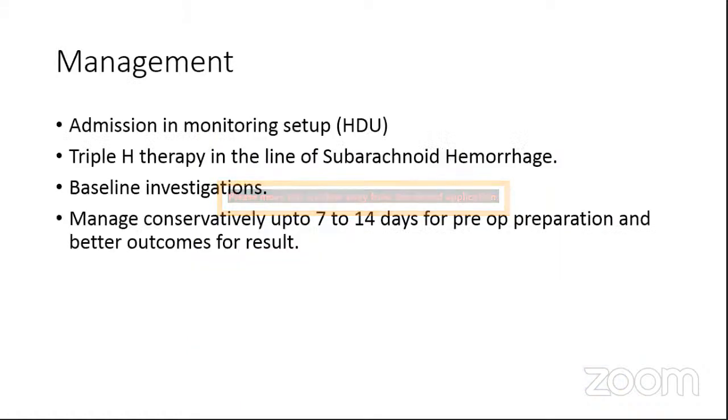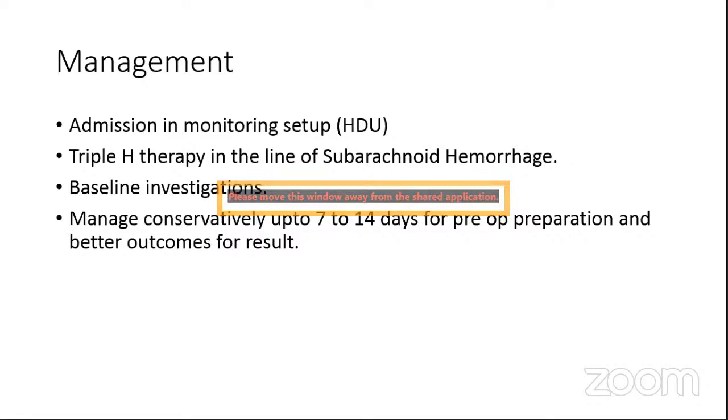Right. Coming to the management of these patients, any patient coming with an aneurysm should be admitted in a monitoring setup, preferably at least an HDU, and should be managed along the lines of subarachnoid hemorrhage. Triple H therapy can be given. We have to keep the blood pressure high, keep hypervolemia and hypernatremia to maintain optimal blood pressure.